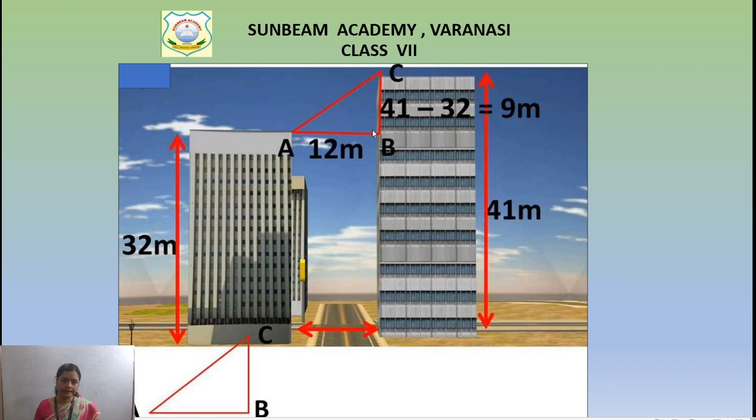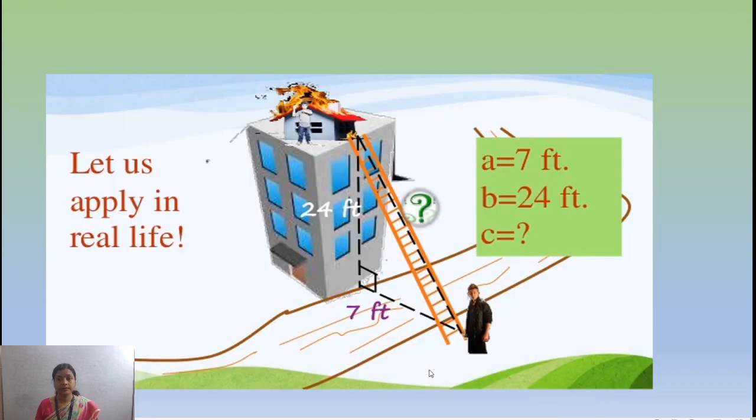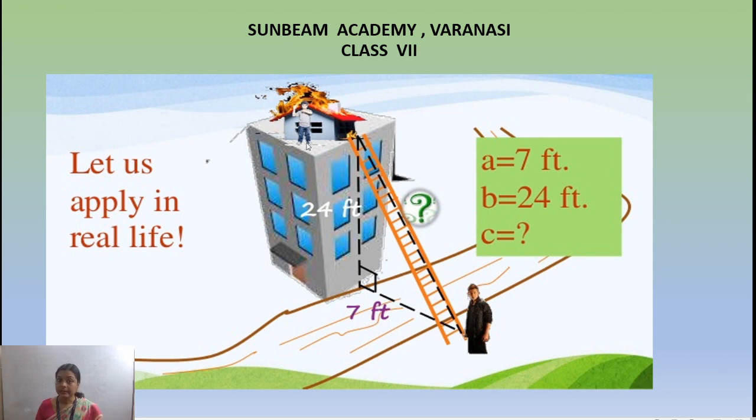So we can find it by using Pythagoras theorem, children. This is one of the examples which I have taken. Now you can see this one. Okay, a real life example. They have to reach the top, so what should be the length of the ladder? How can we fix it away from the building so that we can reach the top? So we have to find this.